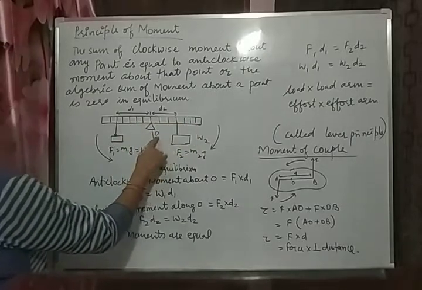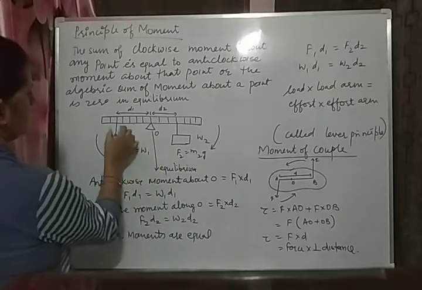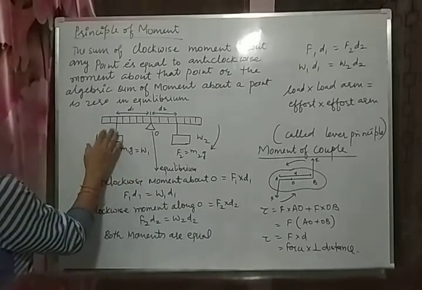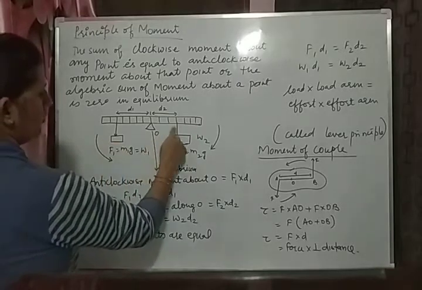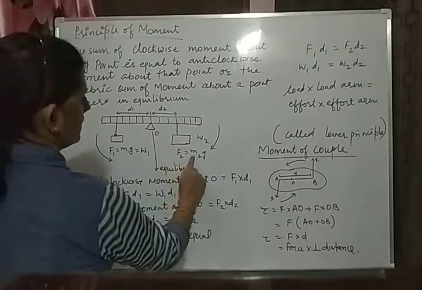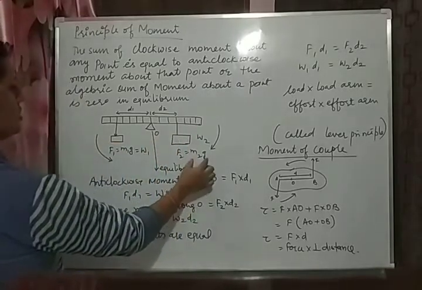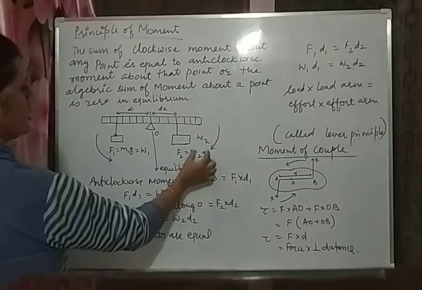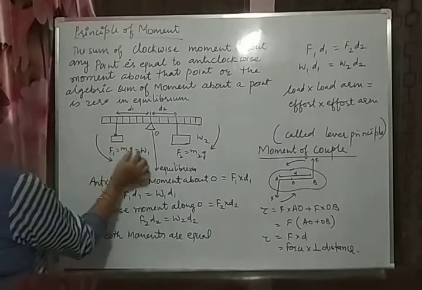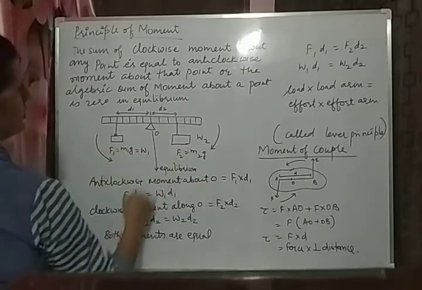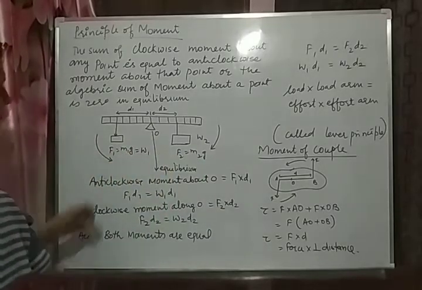Let this point be the point O, with one weight hanging on one side and a second weight on the other side. Then we calculate the force. Force is equal to mass into acceleration due to gravity, that is mg. This is equal to the weight hanging here, W1. The second weight is W2.